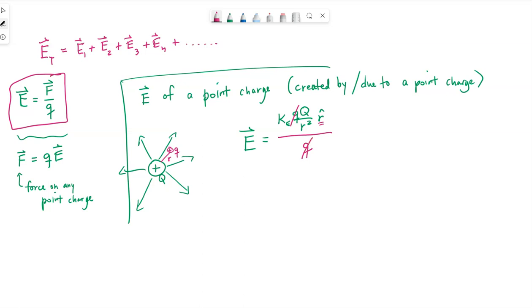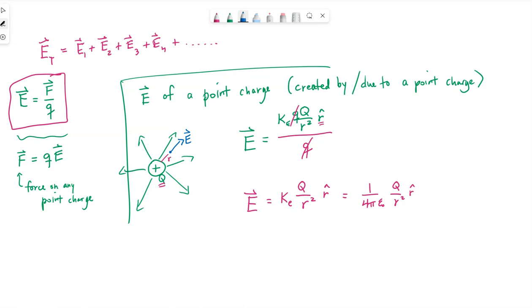And so the charge of the test charge disappears, and we're left with just the capital Q, the one creating the field, our same constant, which we can also write as 1 over 4 pi epsilon naught, and then R. So coming back to the picture, I'm taking away the point charge and just saying, hey, this location in space, this dot, has an electric field that points away from it, the R hat.